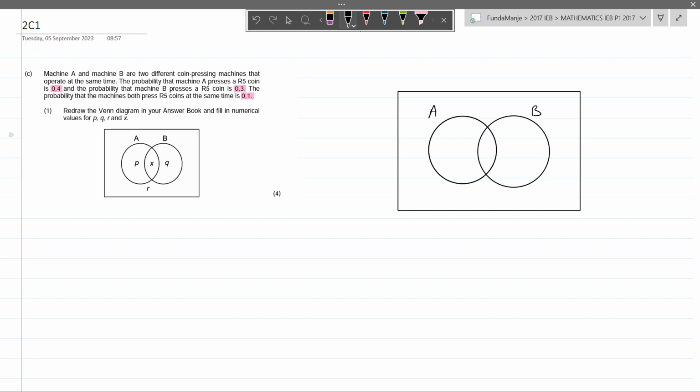So the thing to note here is that the probability that machine A presses a 5 Rand coin is 0.4.